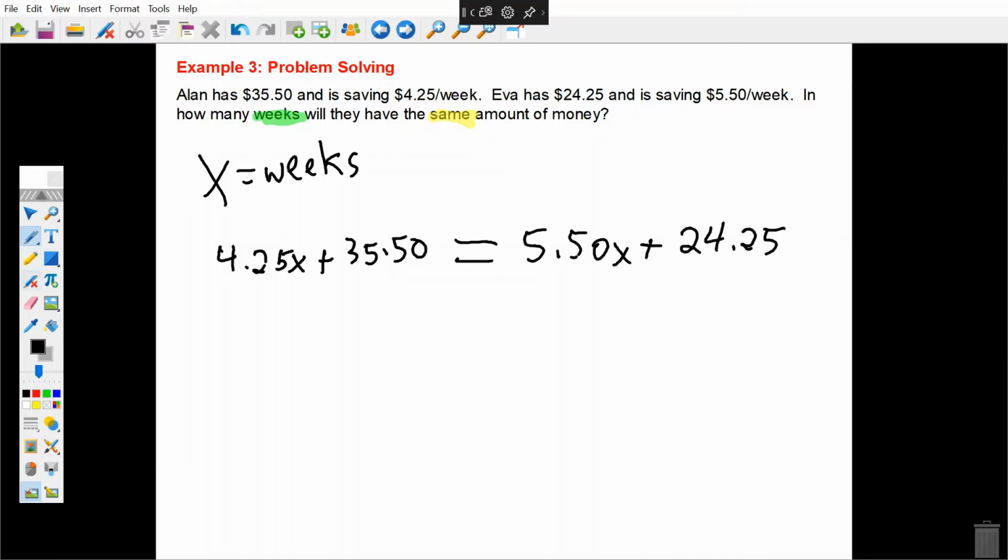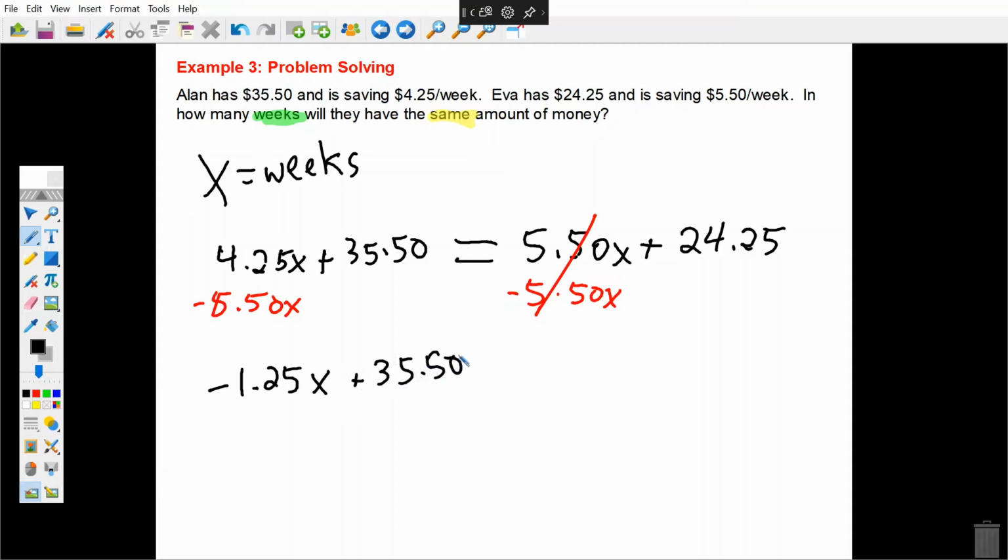So to solve this, I need to get the x's together. So I'm going to gather the x's on the left side. This is positive 5.5. The opposite would be negative. That'll cancel out. 4.25 minus 5.5 is negative 1.25x plus 35.50 equals 24.25.